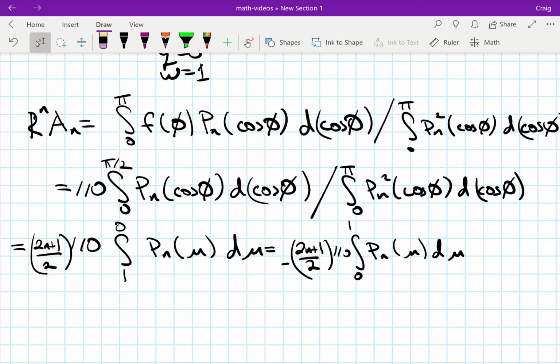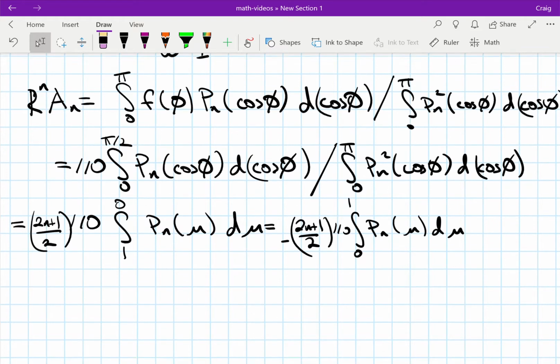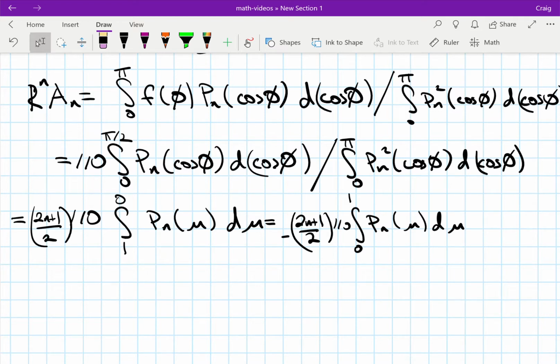There is a formula for the Legendre polynomials, and it looks like this.